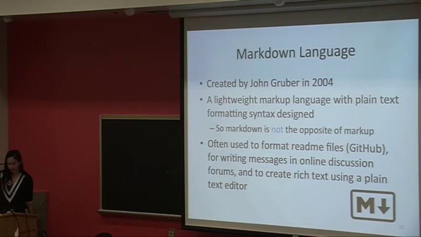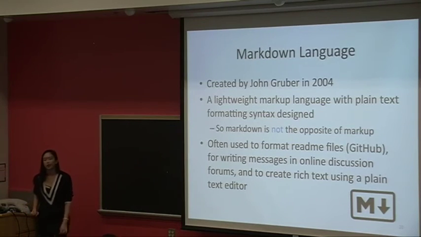So where does Markdown normally appear? Markdown is often used to format README files. For example, when you have a GitHub repository, the way you write your README on the repository is through Markdown. When you commit your README file, it will have an extension called .md.